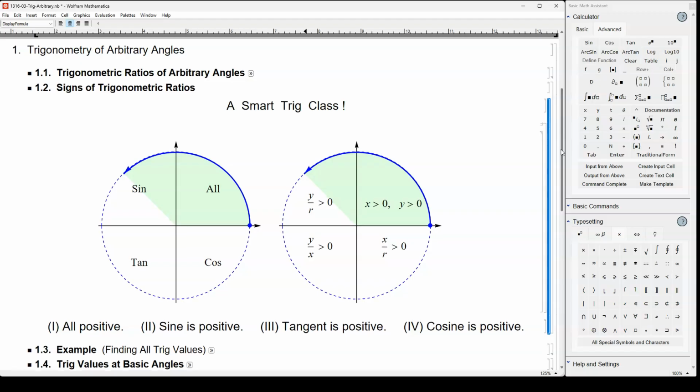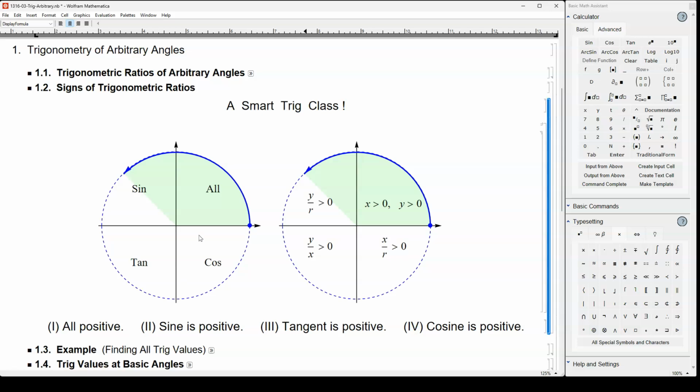It turns out in the first quadrant, all positive. Sine, cosine, tangent, all positive. In the second quadrant, sine is positive, but cosine and tangent are negative. Third quadrant, tangent is positive, yet the other two, sine and cosine, are negative.